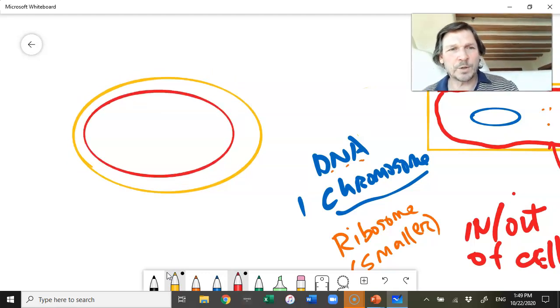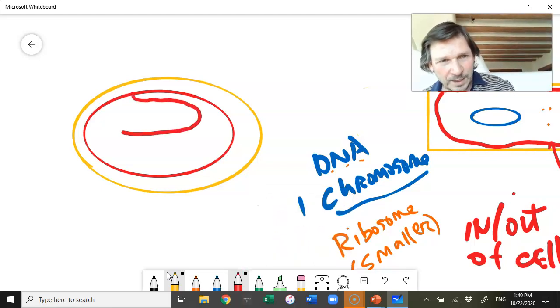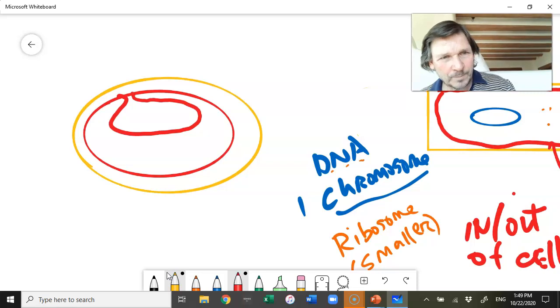But notice, if I take that cell membrane and erase a little bit of it there, if that cell membrane were to fold on the inside, that would be a little loop.